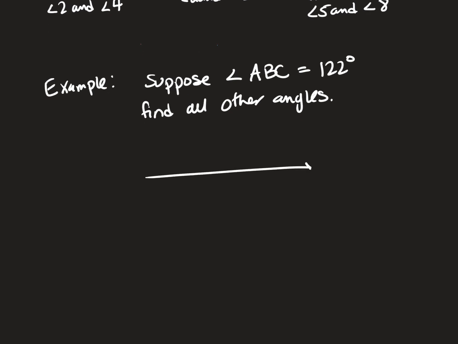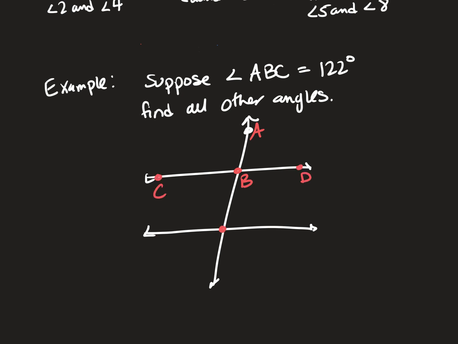So let's draw two parallel lines. This would be given to you. Let's draw a transversal. Let's put A here, B here, C, D, E, F, G, and H. And they told us ABC is right here, and that equals 122 degrees.